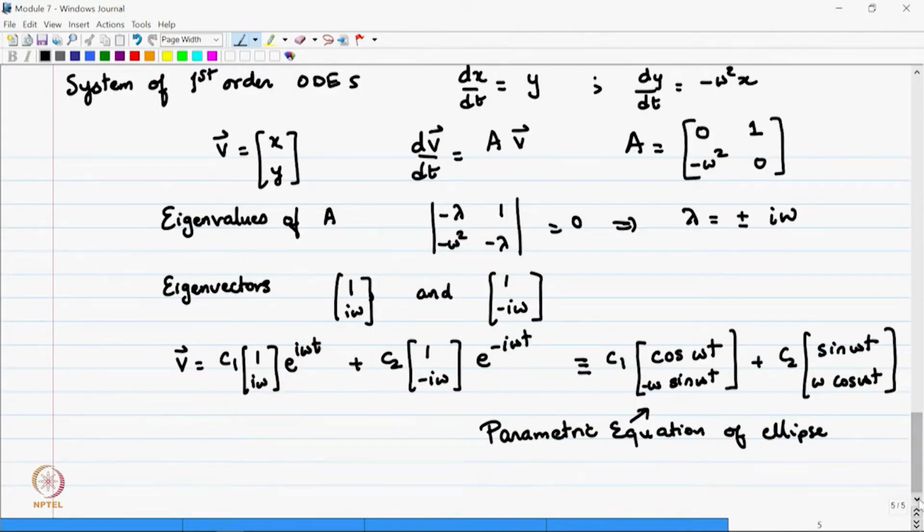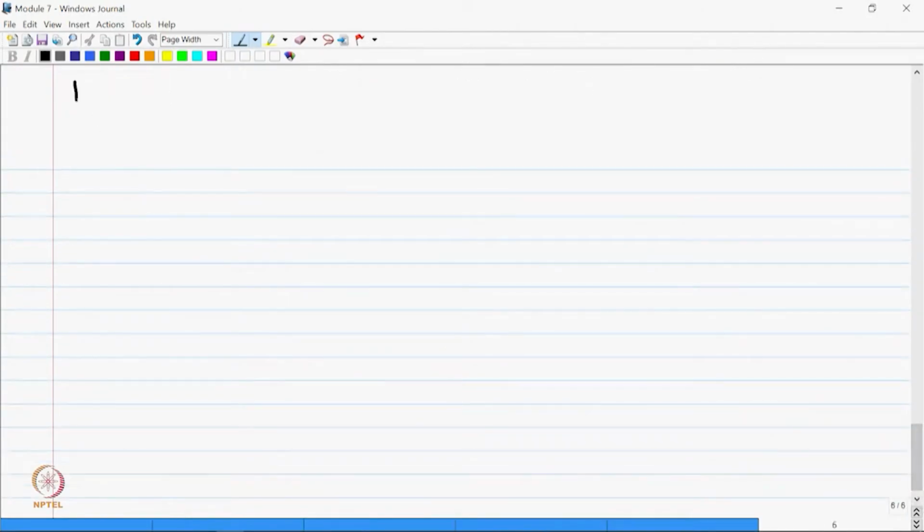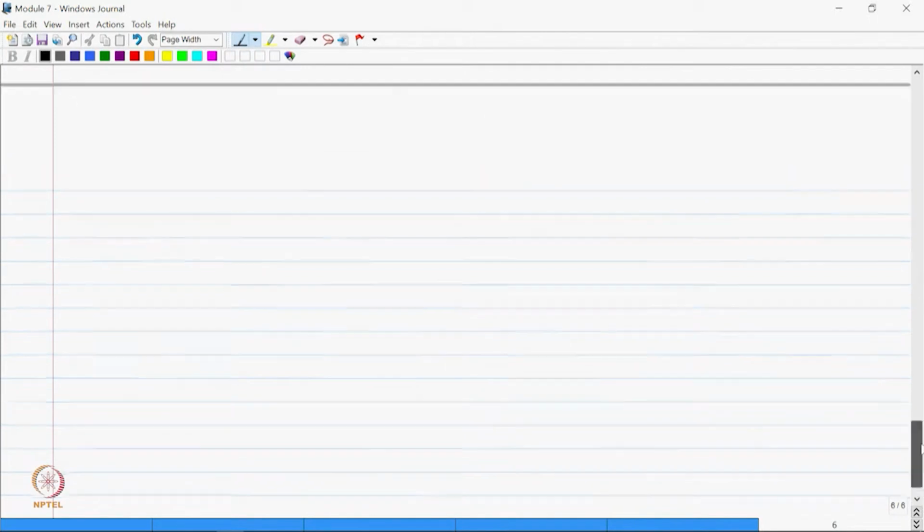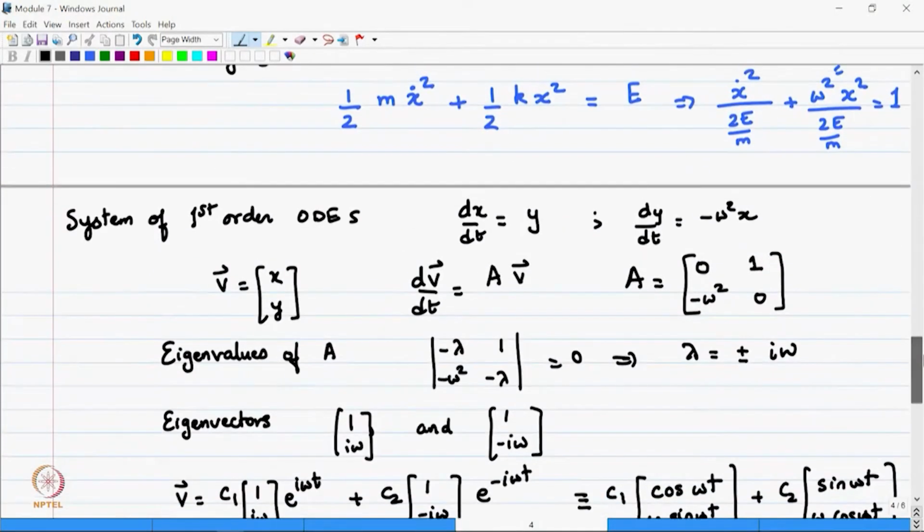Now, we will not say anything more about the harmonic oscillator. Okay. Now, let us go to the damped harmonic oscillator. Before I mention that, when you write this equation in this form, you immediately realize that x equal to y equal to 0 is a valid solution, and this is called a critical point.